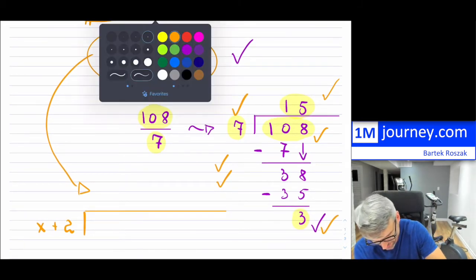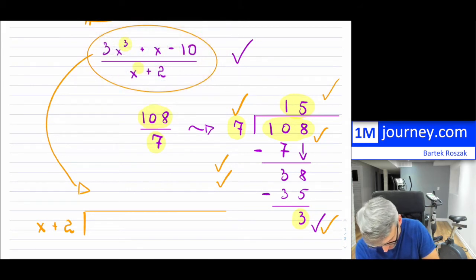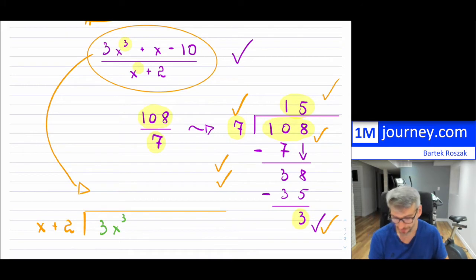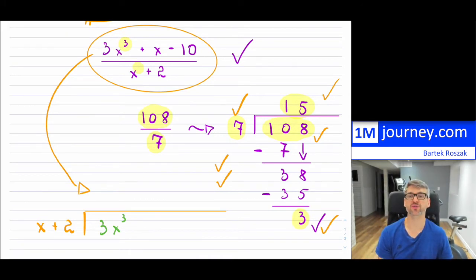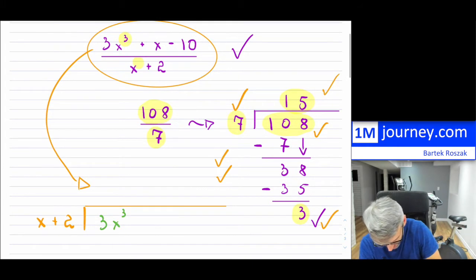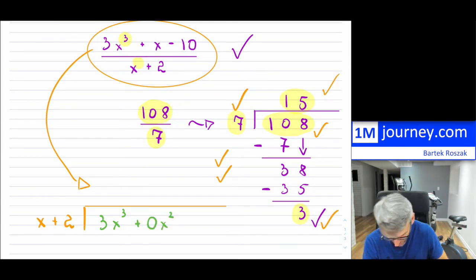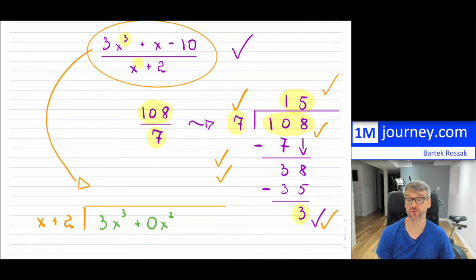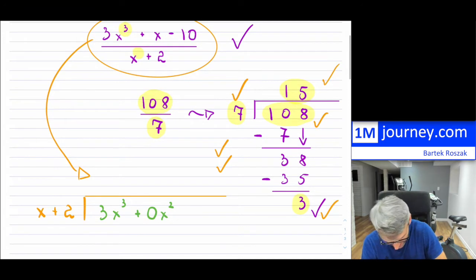Now, the interesting part is, our numerator, this 3x cubed, notice that it doesn't have an x squared term, but I do like to put it in. Whenever there's a term that's missing from the polynomial, I like to put it in there just to remind myself that it's there. I'm going to put the coefficient in front of it as 0, because 0 times x squared is going to get rid of it. And then I'm going to put x and then minus 10.